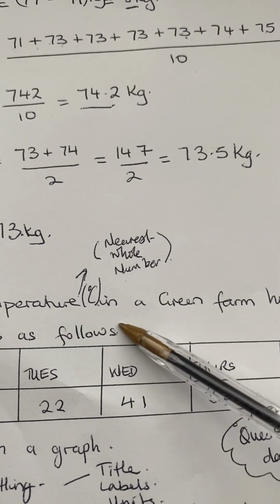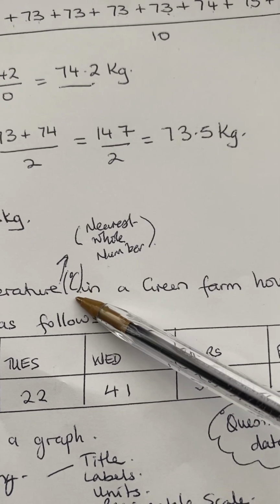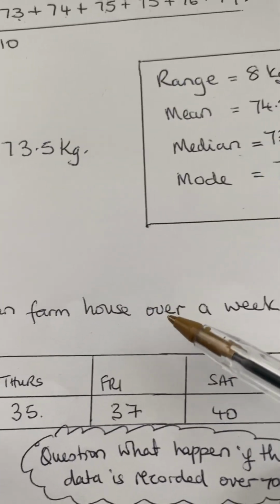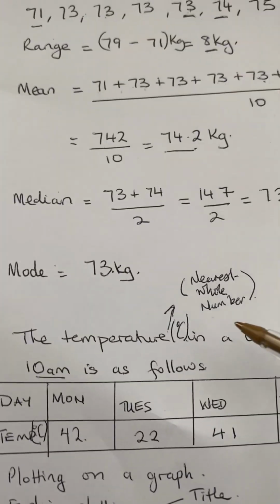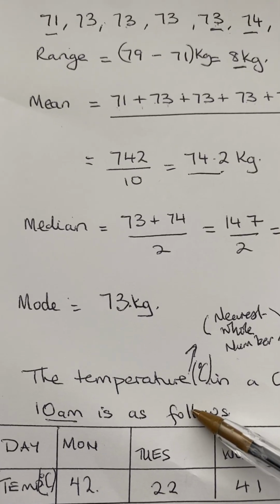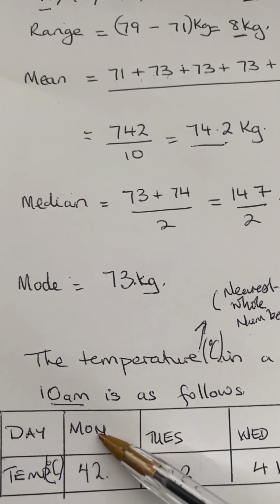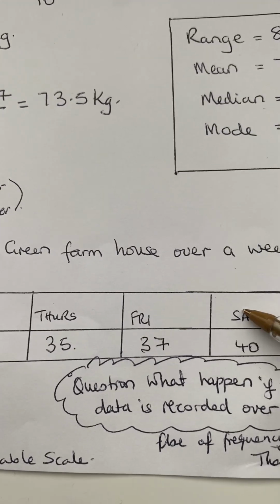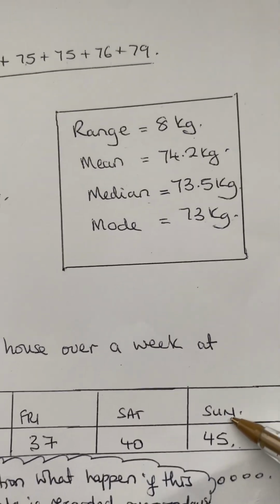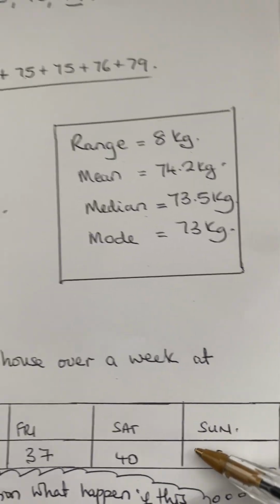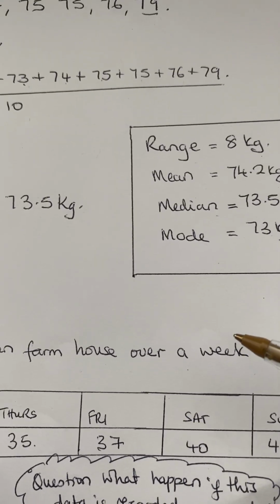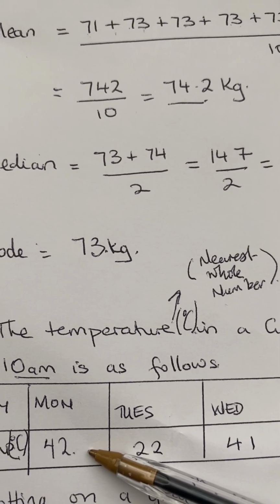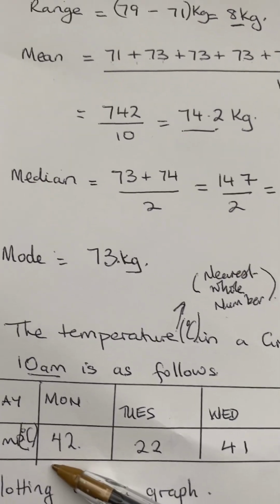So the temperature in degrees Celsius, to the nearest whole number, in a greenhouse over a week at 10 a.m. Okay, so every day at 10 a.m. the owner or the person in charge of the greenhouse would go and record the temperature in the greenhouse. So on Monday, he recorded 42 degrees Celsius.